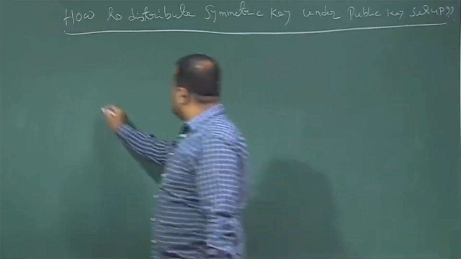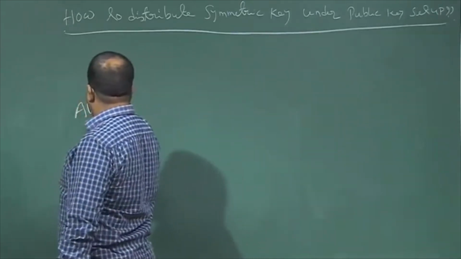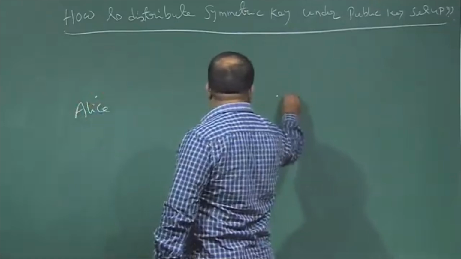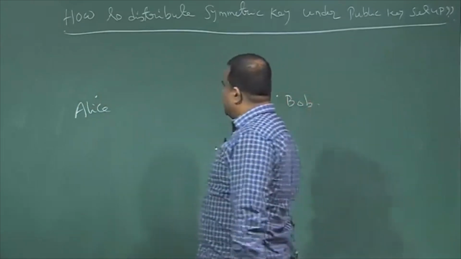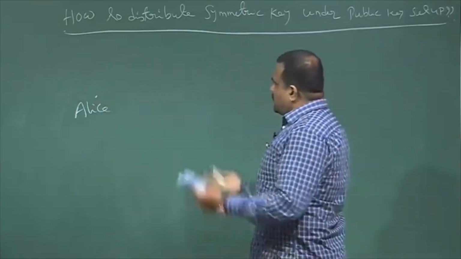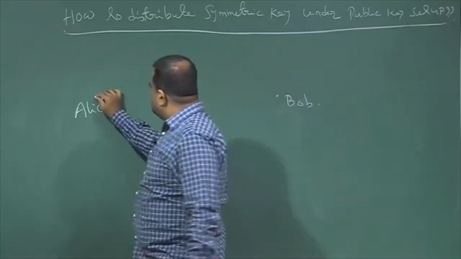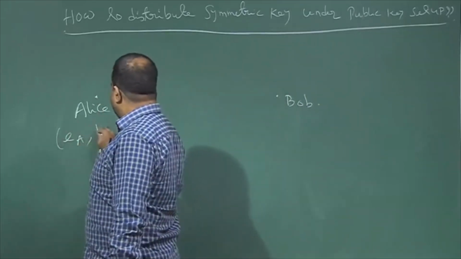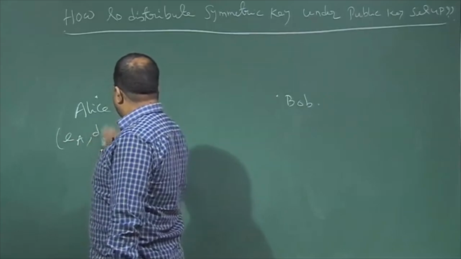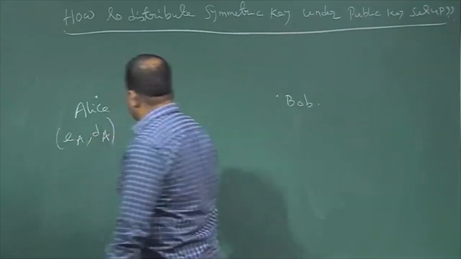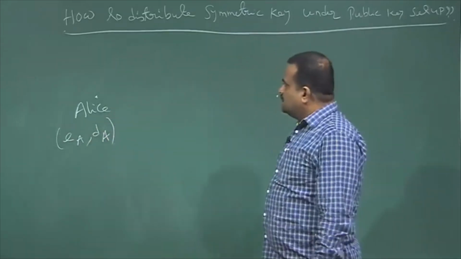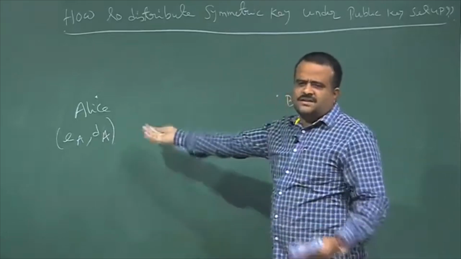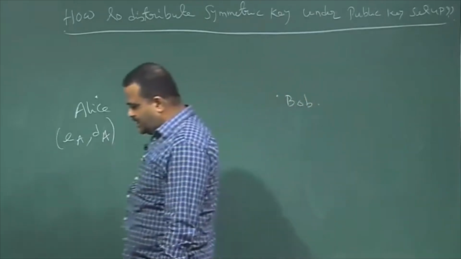Suppose Alice and Bob, two parties, are under the public key setup. Suppose Alice generates her public key and private key pair. This could be RSA or any other public key crypto system.